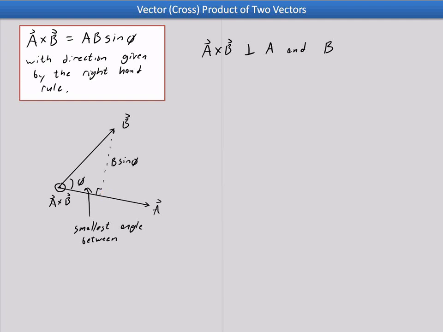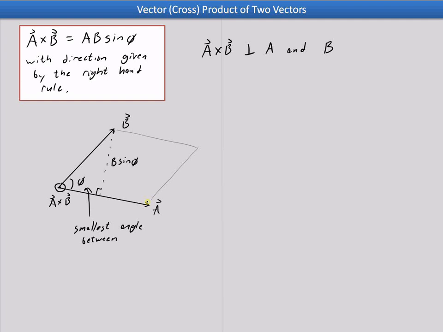It's also, as it turns out, equal to the area of the parallelogram we would get if we drew lines parallel to A and B. As far as physics, our interpretation is going to be more like the perpendicular part multiplied, more so than trying to calculate an area with this. I can't think of any example where we would calculate an area with it.